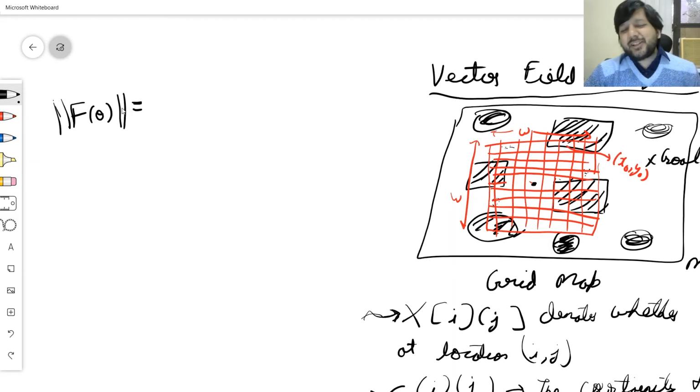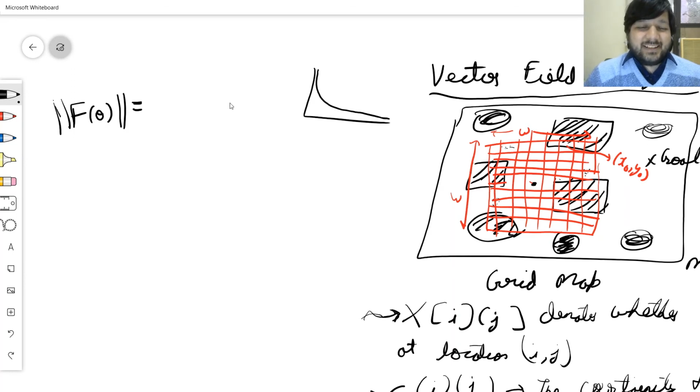So earlier it was 1 upon distance between X0, Y0 to the center of the robot, the whole cube, and I said that it becomes unstable because the moment you start approaching 0, it suddenly shoots off, and that's what I said it is, that it hits small, small, small, small, and then suddenly it becomes infinity, and that irritates me. So previously I took an exponential, this time I'll take a linear.